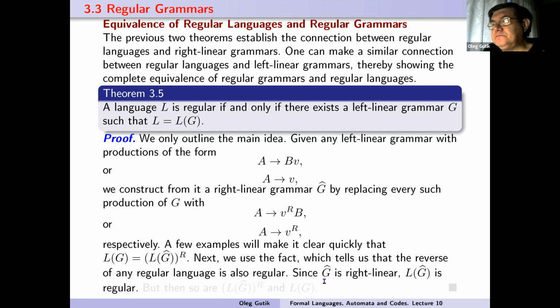Since the grammar G hat is right linear, L of G hat is regular, but then so is the reverse of L of G hat, which is L of G. This completes the sketch of the proof.